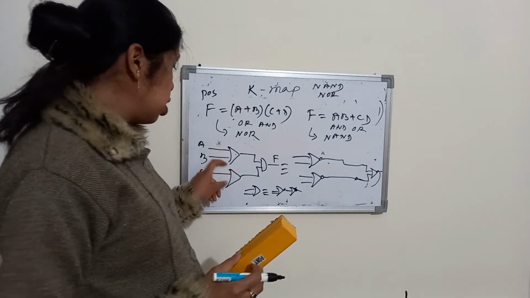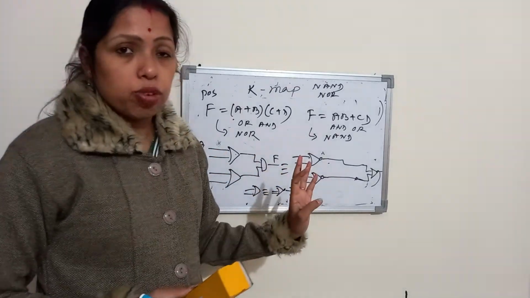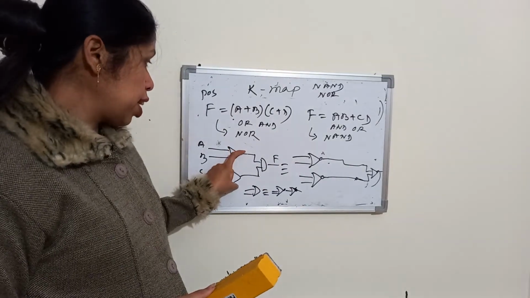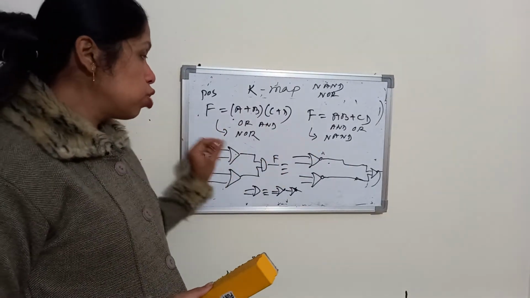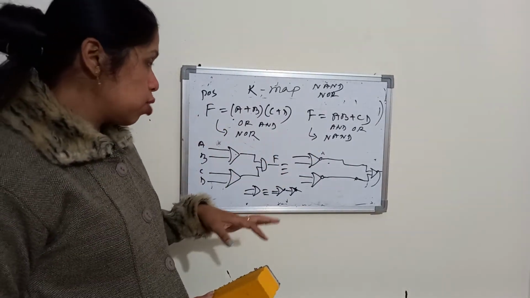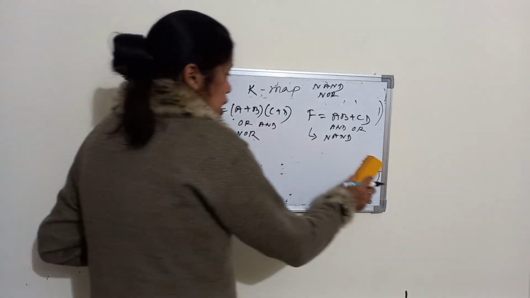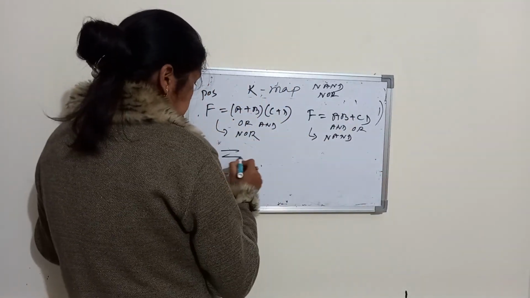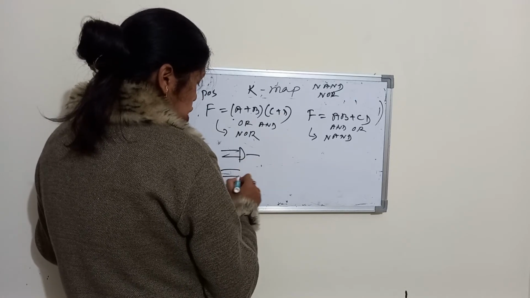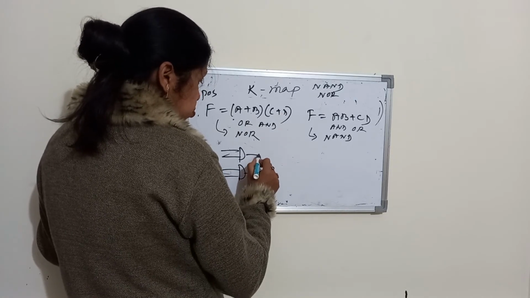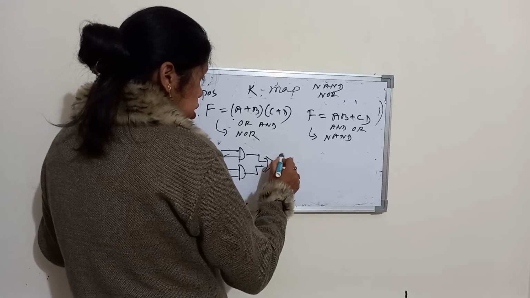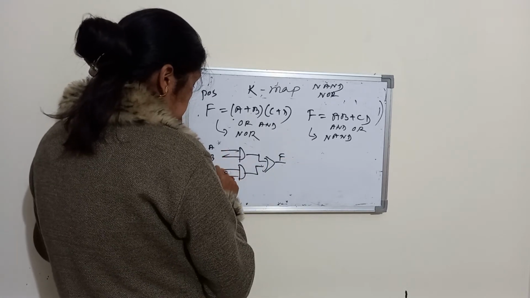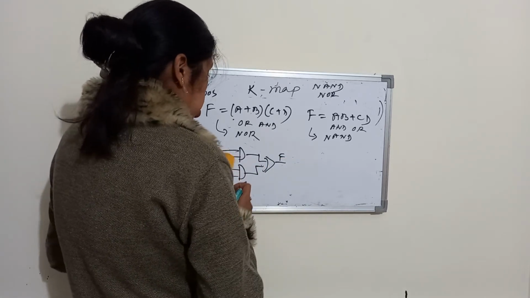So for three gates, again three NOR gates are required. So if you implement this circuit with the NAND gate, you need more number of NAND gates. Okay. Last is this one. How can you implement this with the NAND gate? So again I am drawing basic gates. Here you get A, B, C, D. Okay.